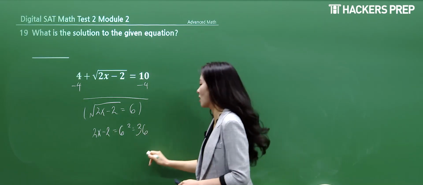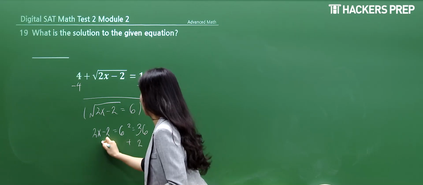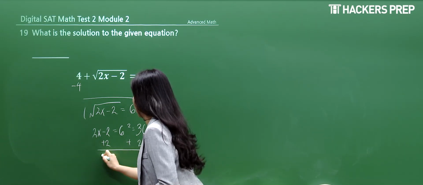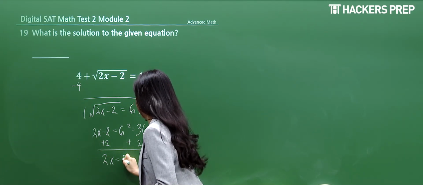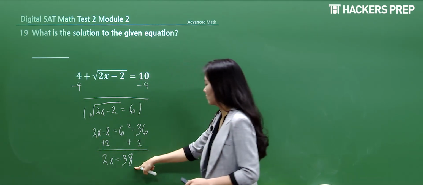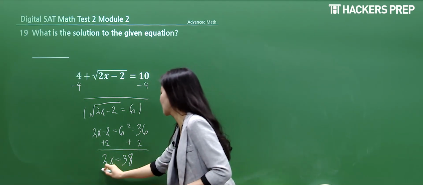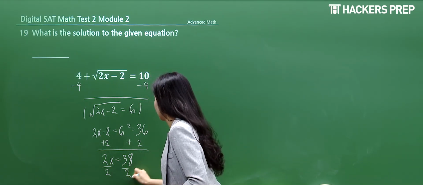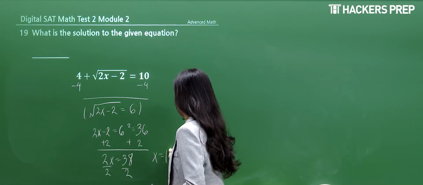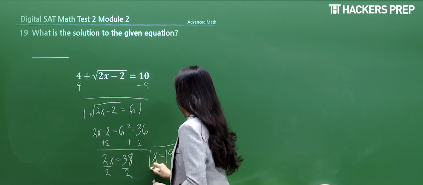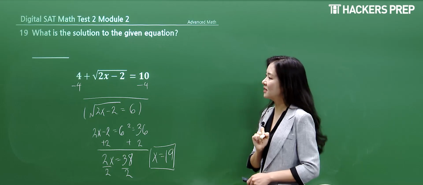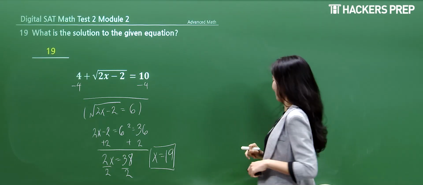And isolating the constants. So then just that one last step where we divide both sides by 2. That gives us an x value of 19, and that was pretty simple, right?